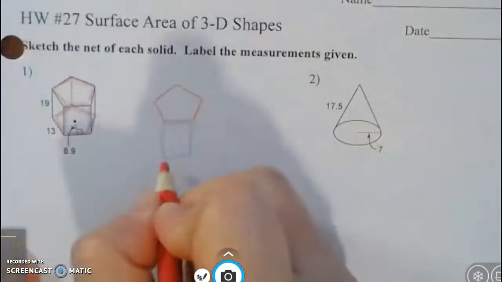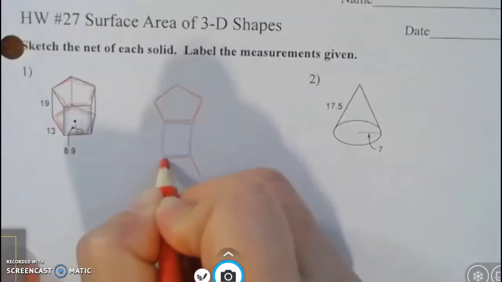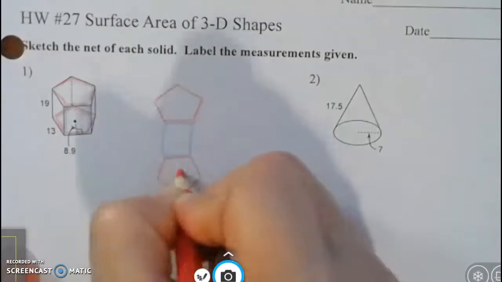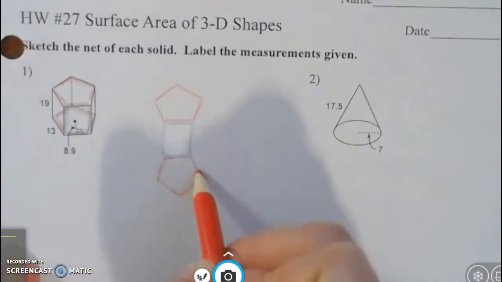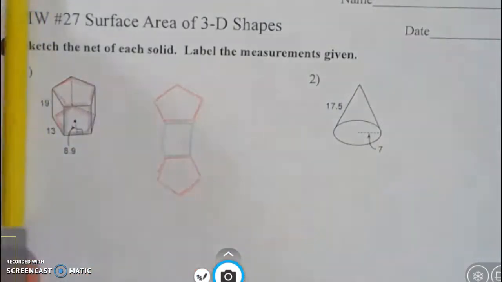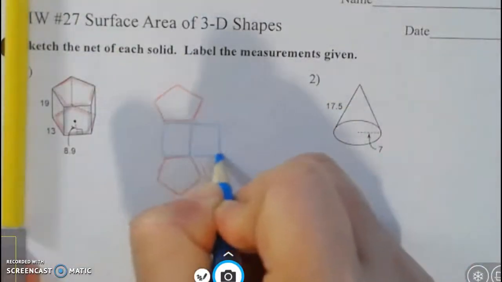Then from here I have the base that looks like this. That is again identical. They are identical. But each of the sides has a rectangle that looks like the blue. Because it's 5-sided, I am going to have 5 of those.